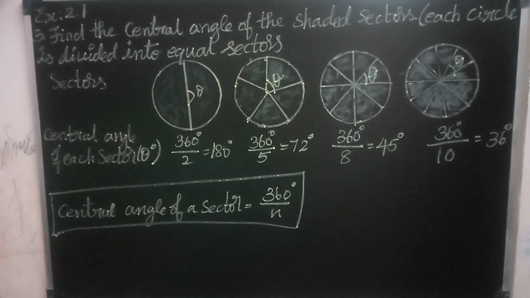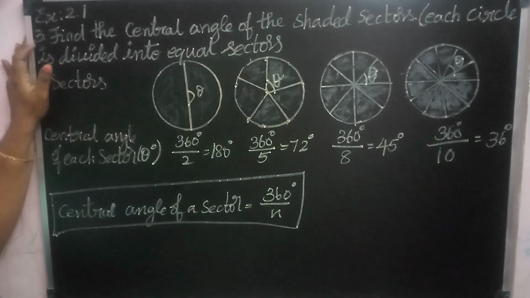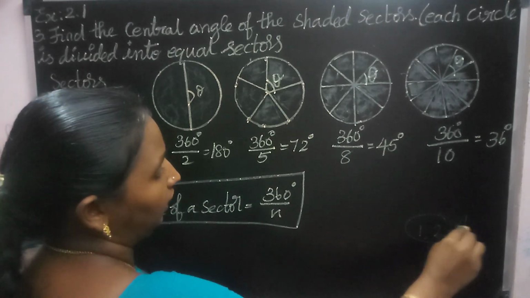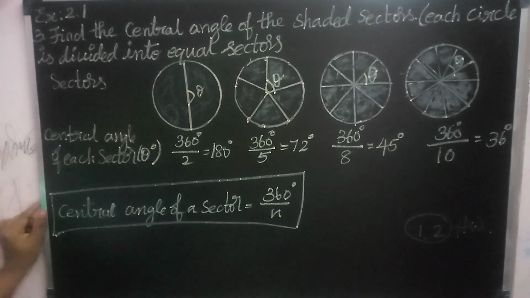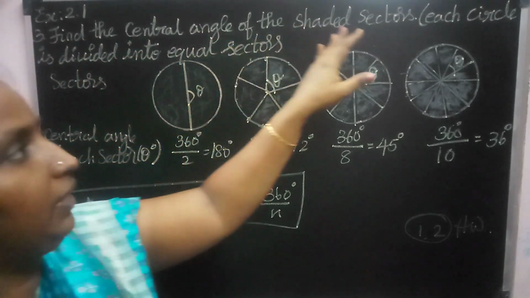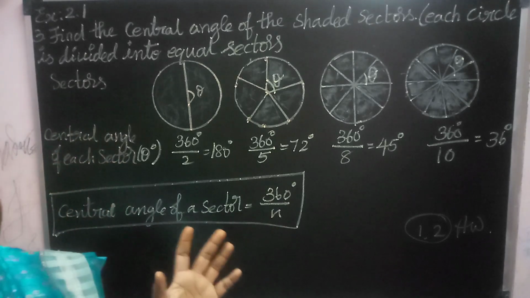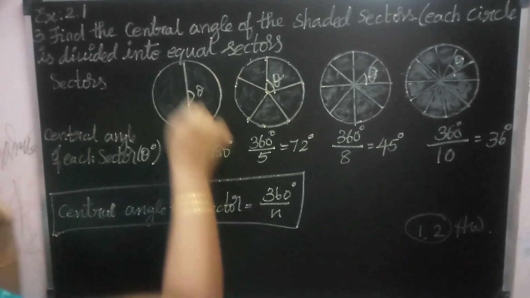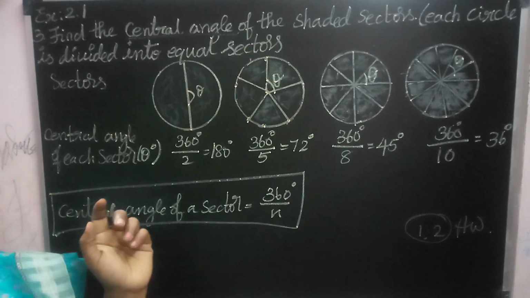Next we are going to see exercise 2.1, third sum. Do sums 1 and 2, fill-ups and match, as homework. Okay, the third one: find the central angle of the shaded sectors. Here they gave some shaded sectors, and we are going to find the central angle of these sectors.